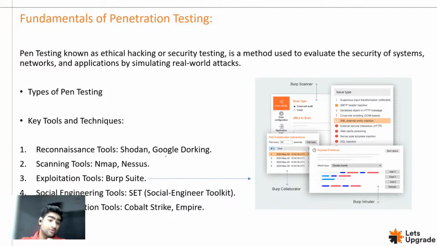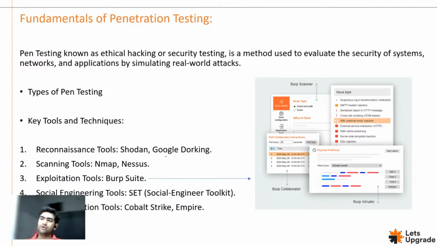There is also nslookup, another scanning tool we use to identify details about vulnerabilities and how the network communicates. That has already been done. For exploitation, we are going to work on Burp Suite, what exactly Burp Suite looks like, and what we can do with it.